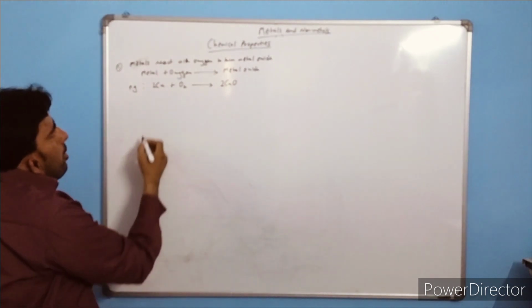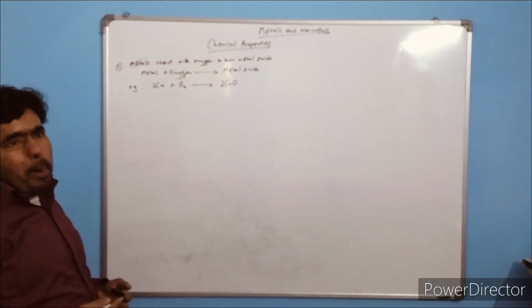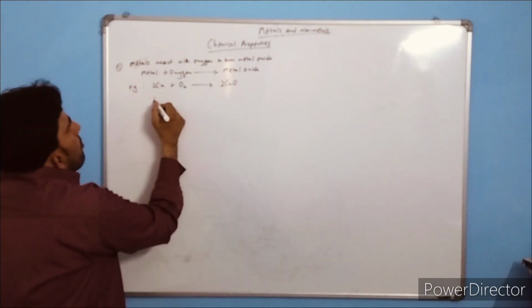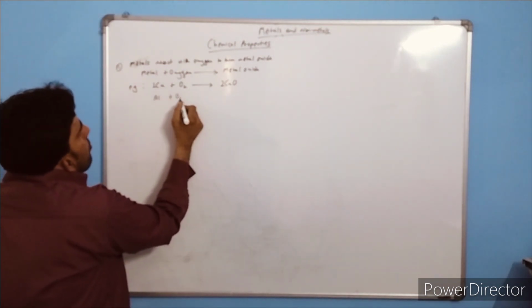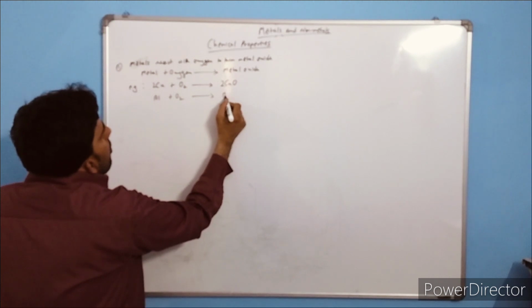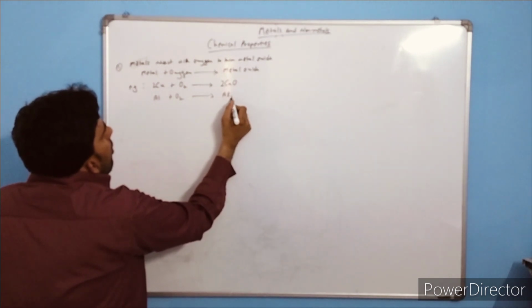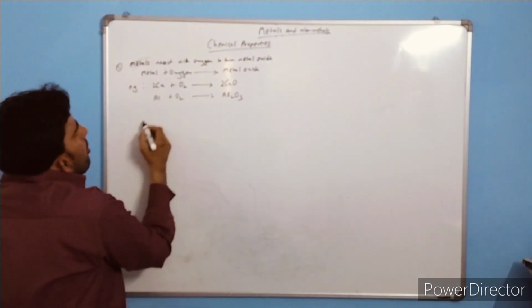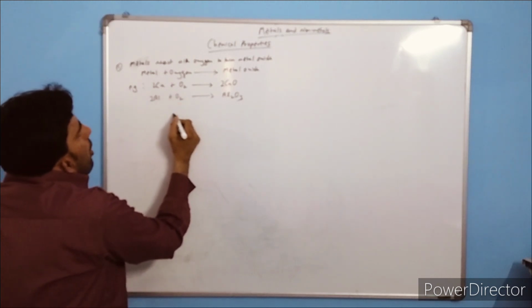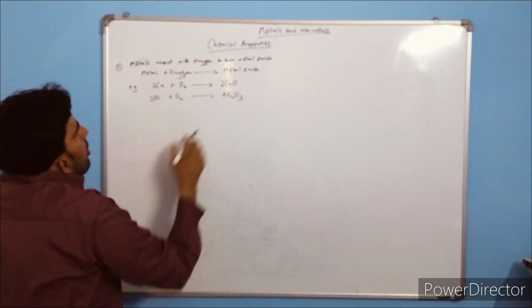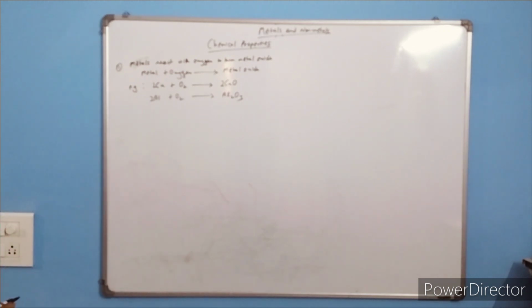Metal oxide. More examples we can take. Let us take aluminium. We get aluminium oxide. So here we can balance also.